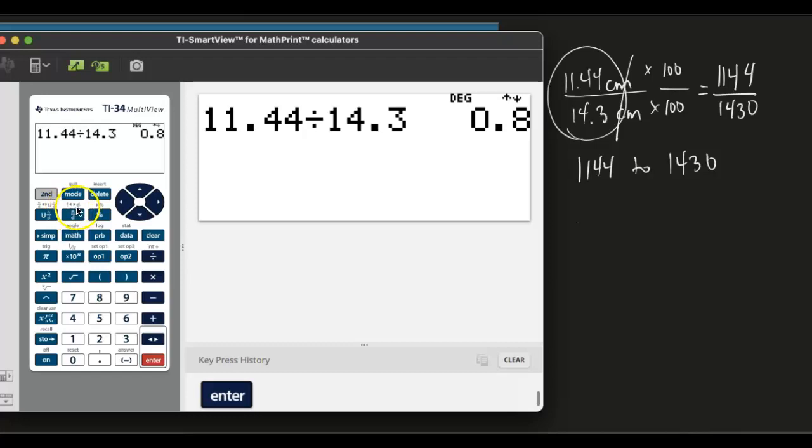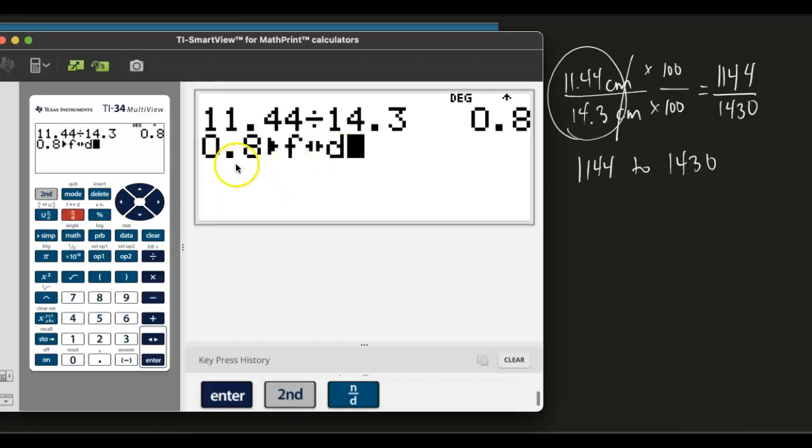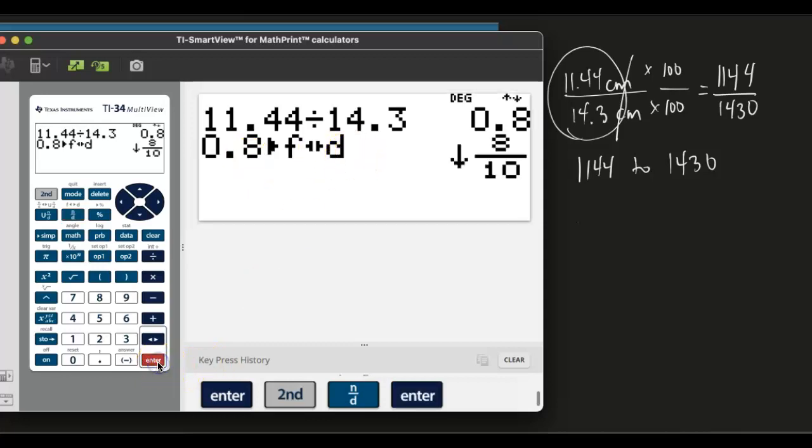But I want to access what's above that key, so I'm going to press second and then that key. And notice that it automatically knows I'm referring to the previous number, and it's going to change this into a fraction. So I may try 8 over 10, but you may already recognize that's still not simplified.